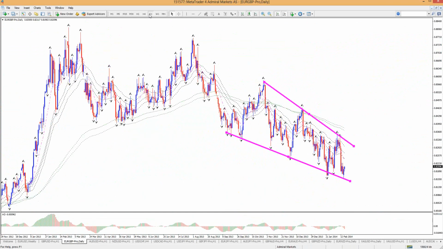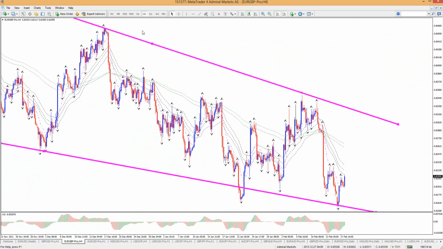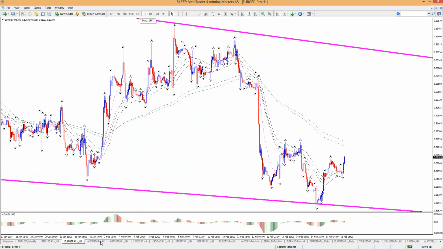So yeah, it's not really an interesting trend. It's not a range trade or setup either, because clearly price is underneath the moving averages on all time frames, and this upside is retracement at the moment. So no range trades as yet.